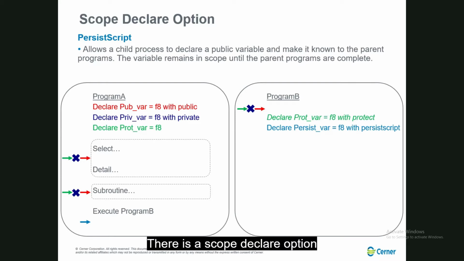There is a scope declare option that is not on this list that does go to the highest process rather than the highest parent program. That scope declare option is persist. Persist should very rarely be used as it has the potential to have a negative impact on other programs that are run after it and can be difficult to track down the cause of that impact.